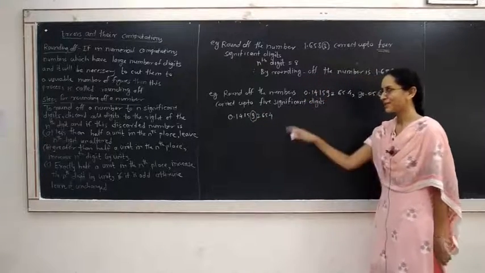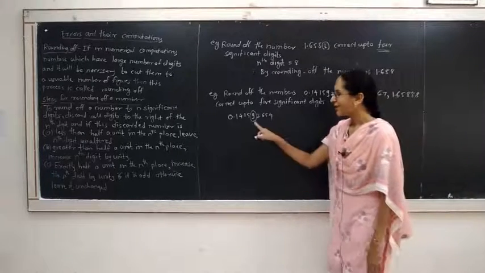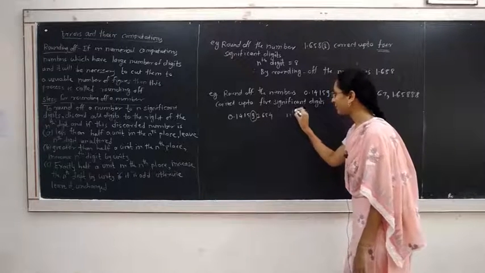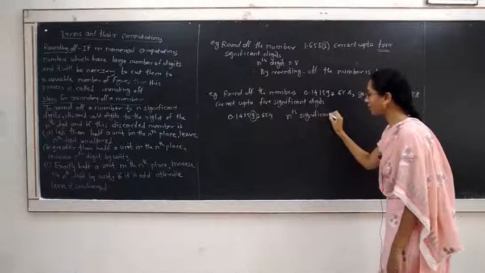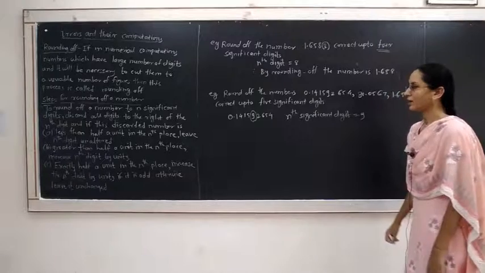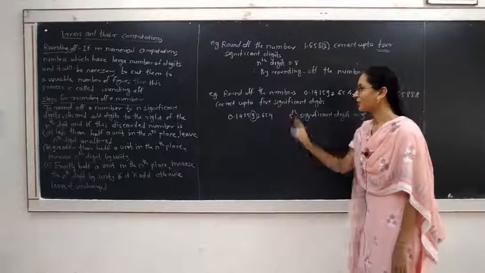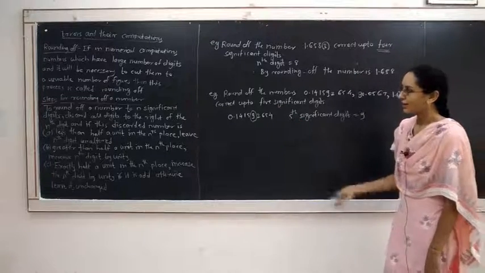Hence, the nth significant digit for this number is 9. Here the value of n is 5 because we have to round the number correct up to 5 significant digits.